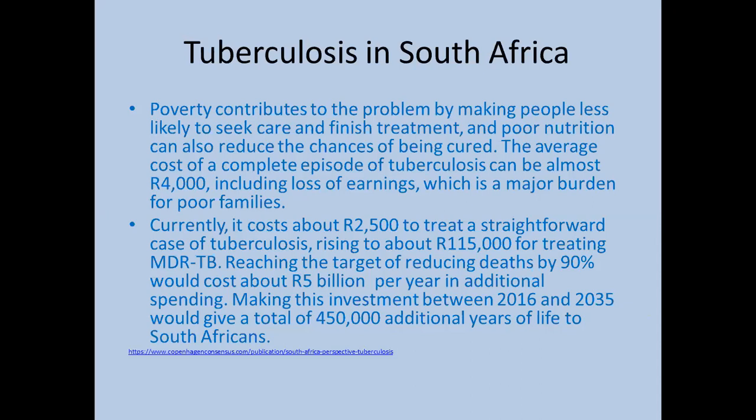Then you've got to take into account the loss of earnings for a person, and that's a major burden in poor families. So it's often the person who's the income provider of a family who becomes infected with tuberculosis. Then they would have to take time off work to go and get medication every month.